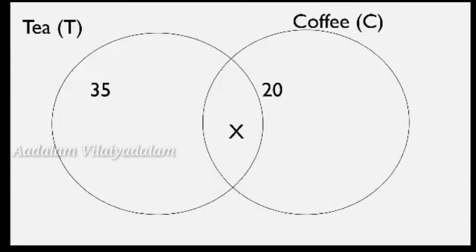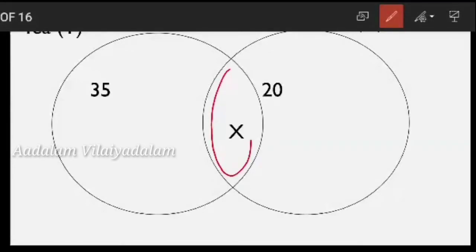So we can take T as a circle, 35 people who like tea. And we take another circle, people who like coffee, that is 20. Now we do not know the intersection of this part, so we take it as X. For the first subdivision, we need to find who like both tea and coffee.